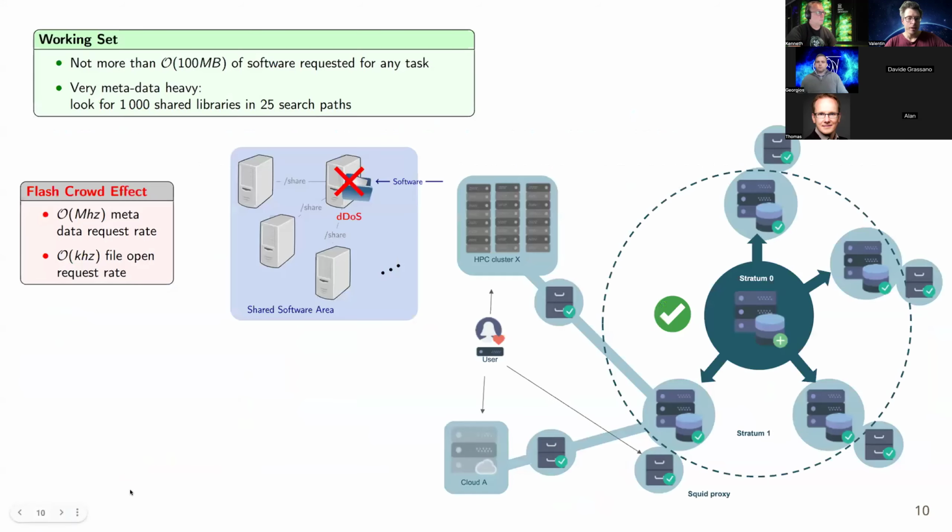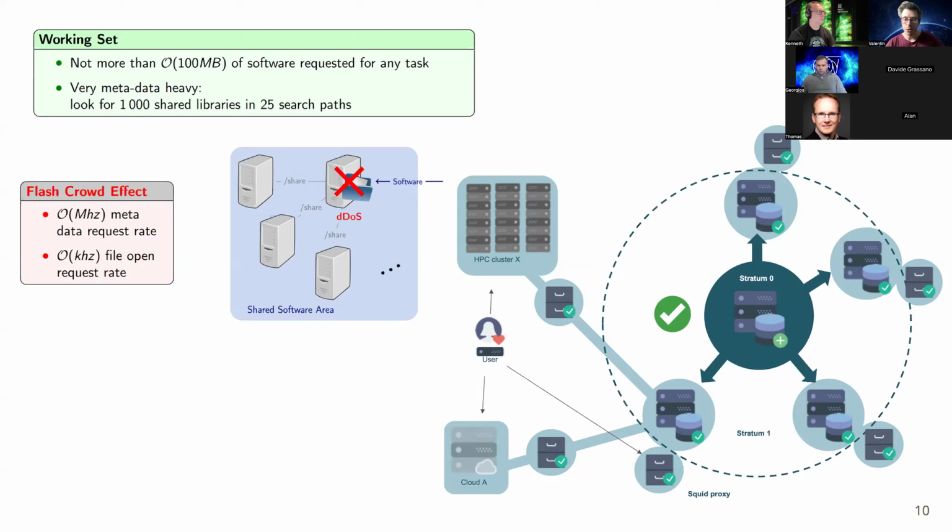All right. So to summarize, what we replace is this access of software from a lot of nodes that are currently trying to start up a job with this really distributed architecture. And you can see that there are several layers.